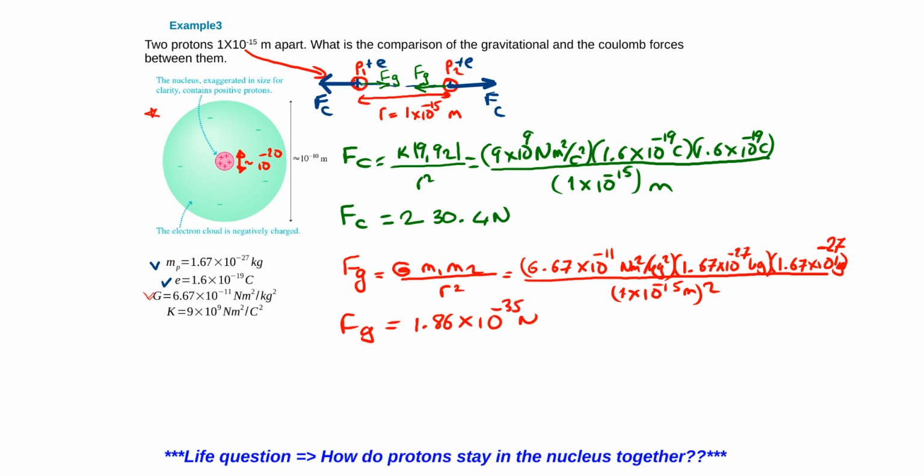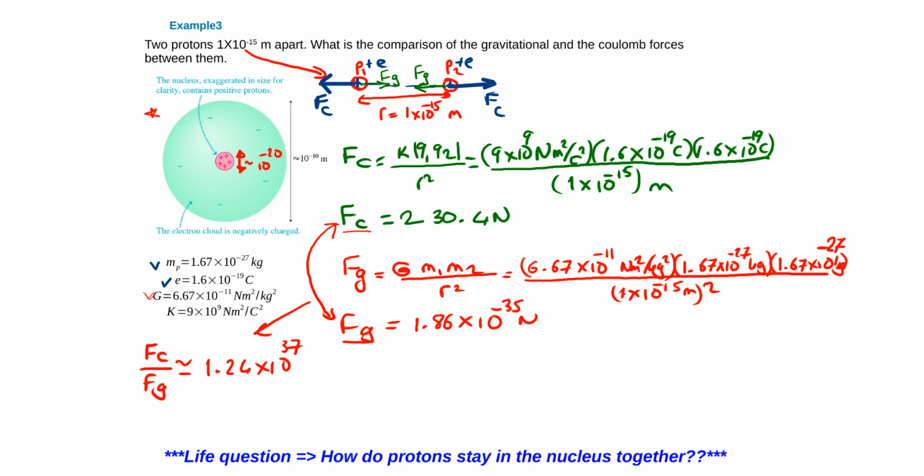Now look at the difference. There's a huge difference in between. You can look at their ratio to see how much larger the electrostatic force or Coulomb force is than the gravitational force. So if I divide Fc by Fg, I'm going to find a value of about 1.24 times 10 to 37.